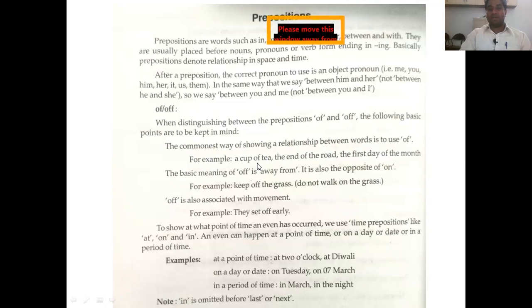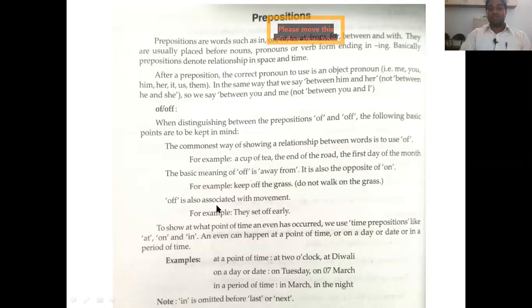Of is common. Next, the end of the road. Of is common. Next, the basic meaning of off is away from. It is also the opposite of on. For example, keep off the grass. That means do not walk on the grass.